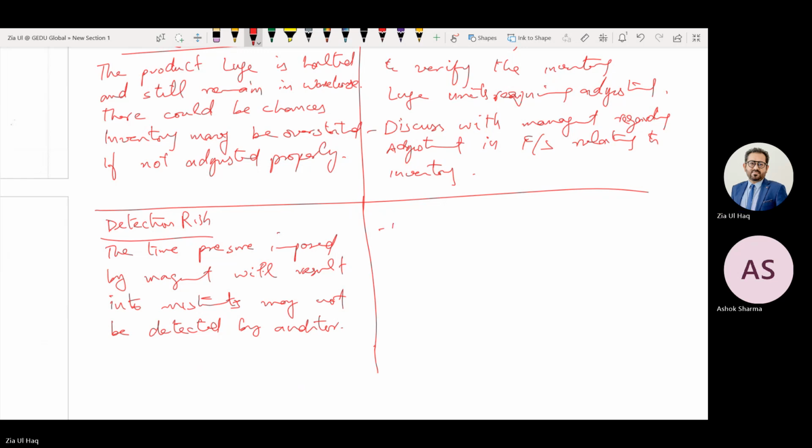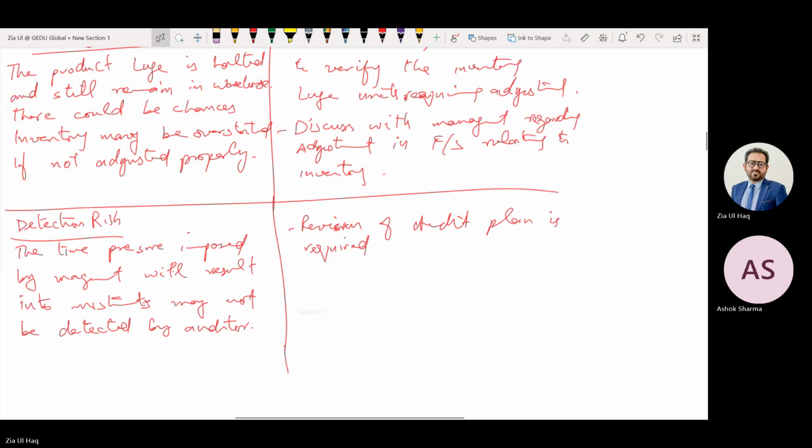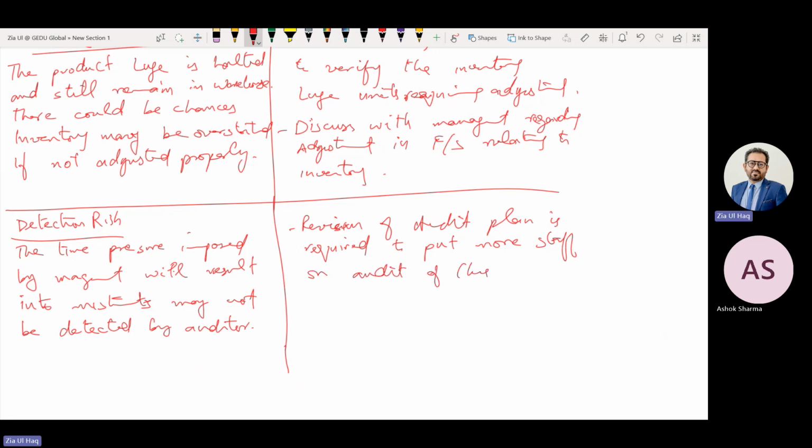So revision of the audit plan is required to put more staff on the audit of this client.